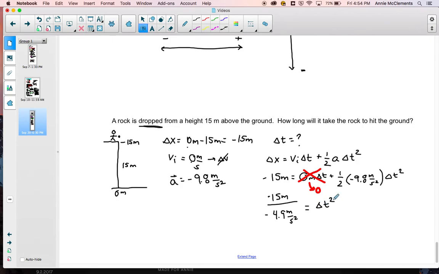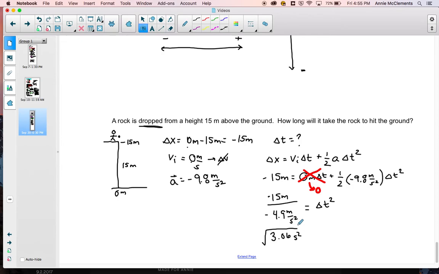So you might need your calculator for this one. 15 divided by 4.9 is going to be about 3.06 seconds squared, okay? And then we need to take the square root of that to get the answer that we're looking for.